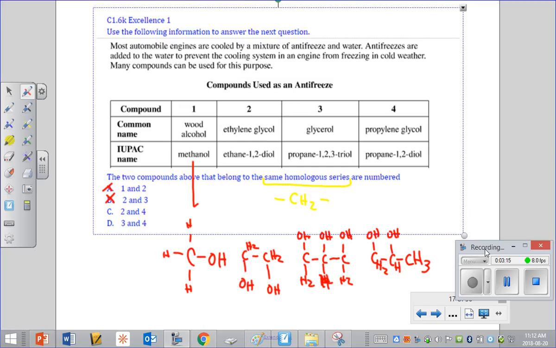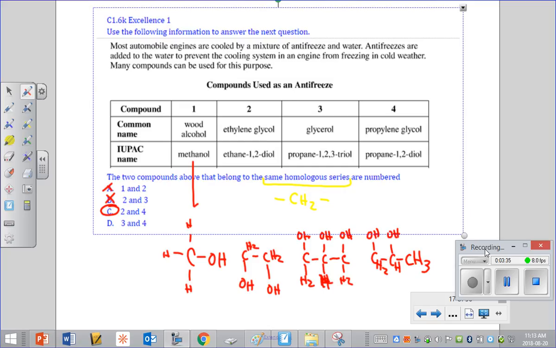And so if I compare this to the second compound, it has 1 more carbon in the parent chain and the same number of hydroxyl functional groups. So this is the best choice for 2 compounds that belong to the same homologous series.